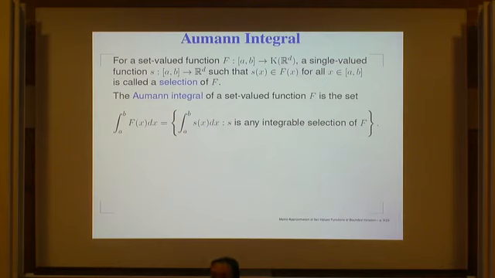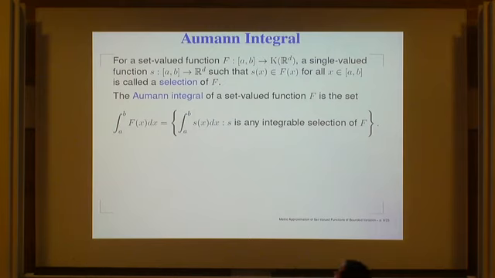What is the integral? First of all, any single-valued function with the property f(x) as an element of F(x) is called a selection. So, for example, something like this would be a selection.